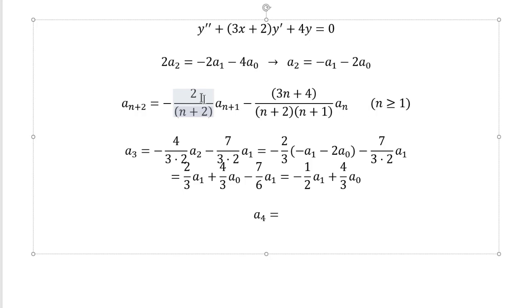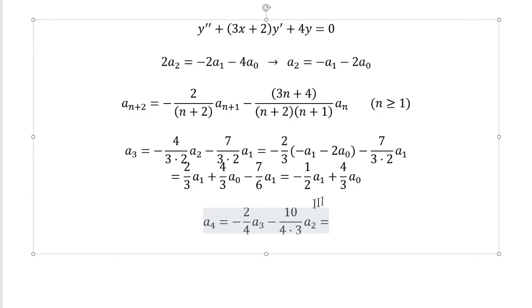So n is 2, then it's negative 2 over 4 a3, minus, when n is 2, 2 times 3 is 6, 6 plus 4 is 10, so it's 10 over 4 times 3 a2.